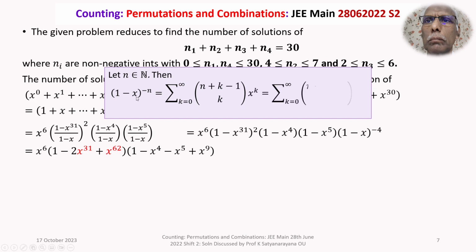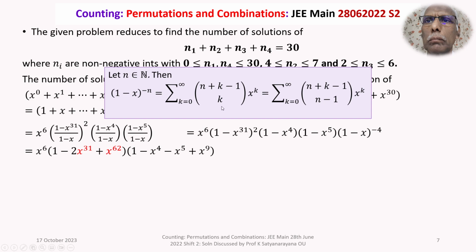Then 1 minus x to the power of minus n is equal to sigma k is equal to 0 to infinity, n plus k minus 1 choose k multiplied by x to the power of k.